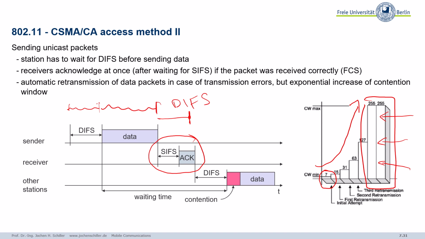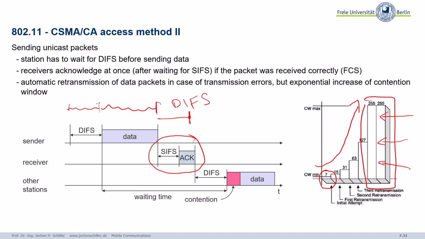So that means it might take a bit longer before you finally retransmit the packet, but you avoid collisions. So it's quite clearly a mechanism that helps avoiding collisions, but it is also a bit unfair. Why? Think of a new arriving station.